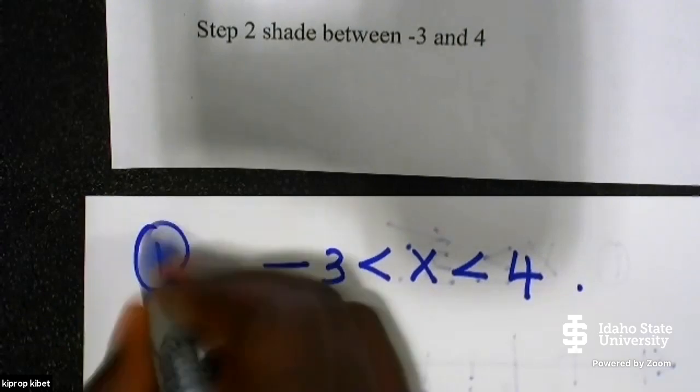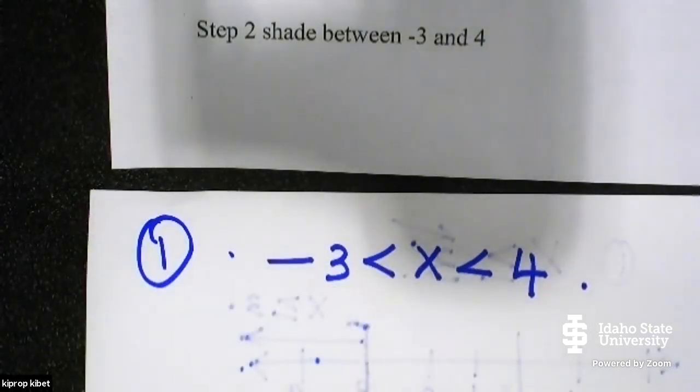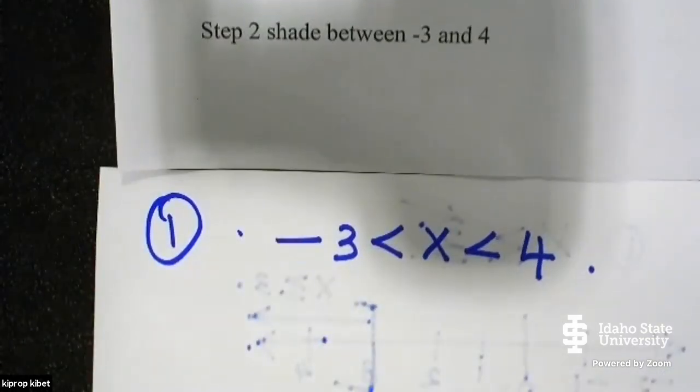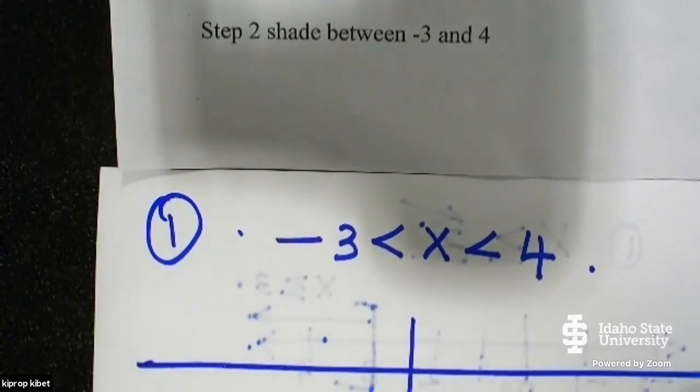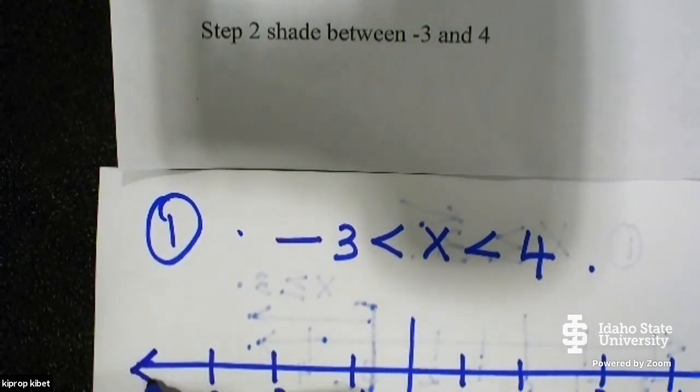So that one is the first step. You write that. Then we have the Cartesian plane here. So this one is 1, 2, 3, 4, -1, -2, -3, goes down. This one is 0.